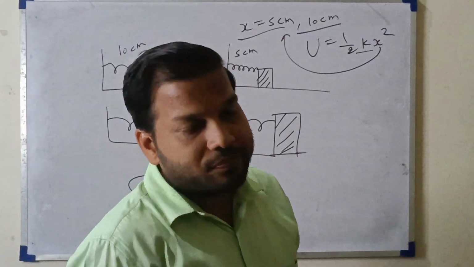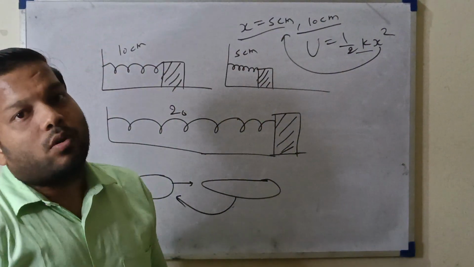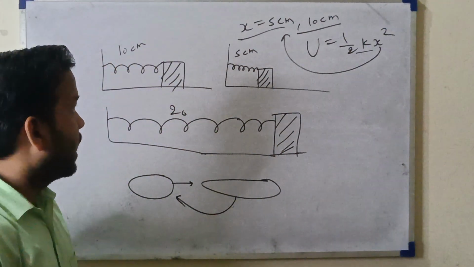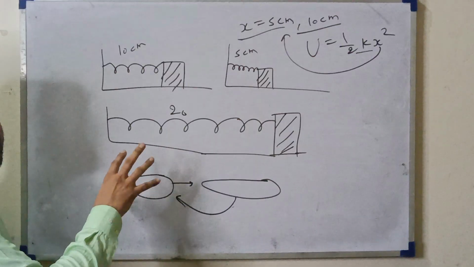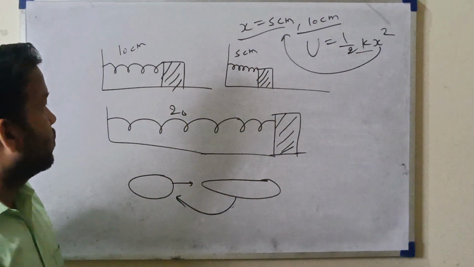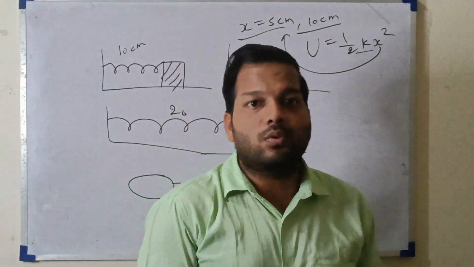So there are two kinds of U, first gravitational and second elastic. I have taught you both cases, so maybe it will be a nice lecture for you. Okay, thank you.